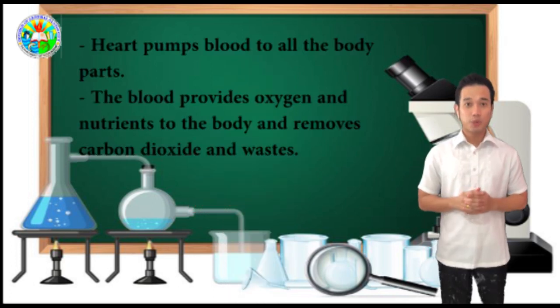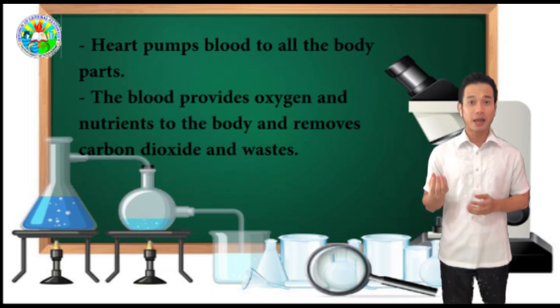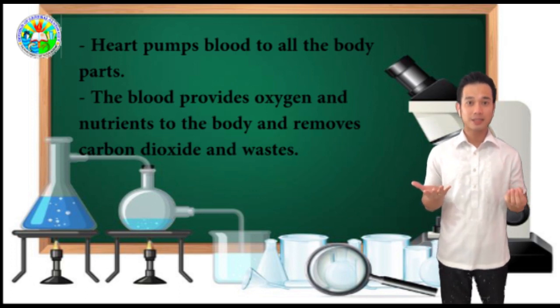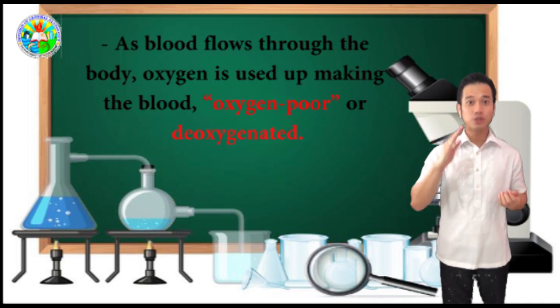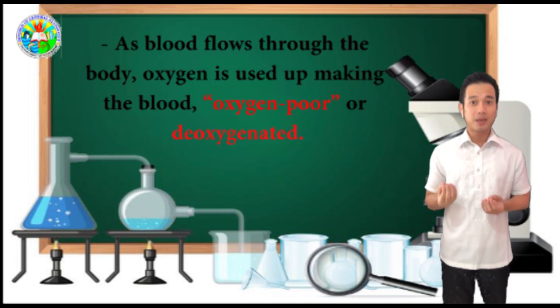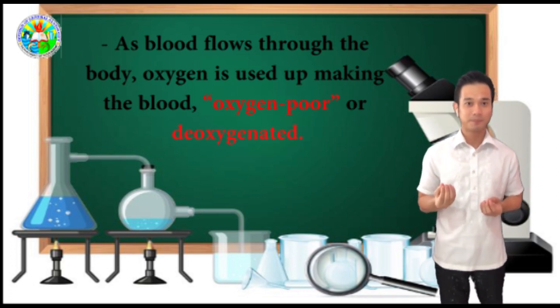Do you know that the human heart pumps blood to all the body parts? The blood provides oxygen and nutrients to the body and removes carbon dioxide and wastes. As blood flows through the body, oxygen is used up, making the blood oxygen poor or deoxygenated.